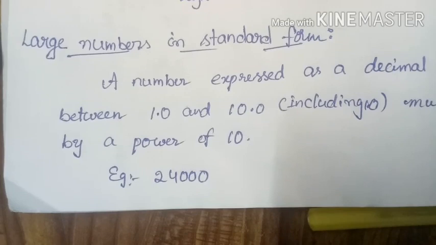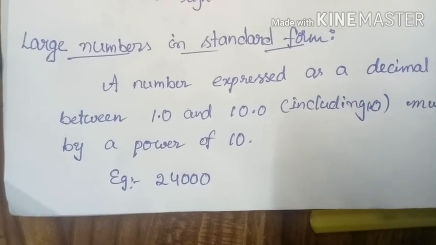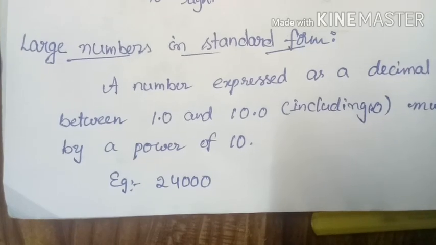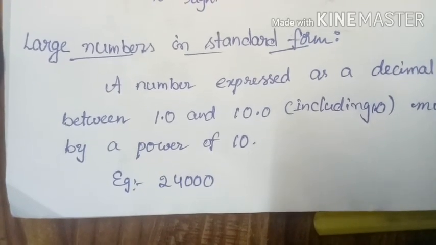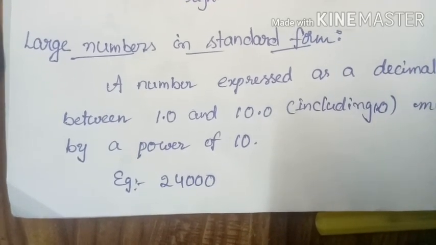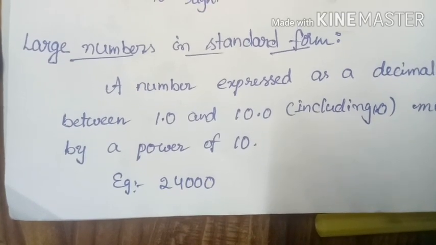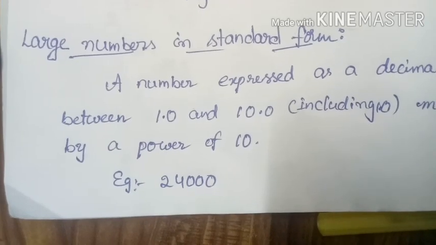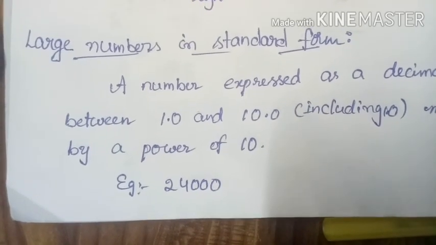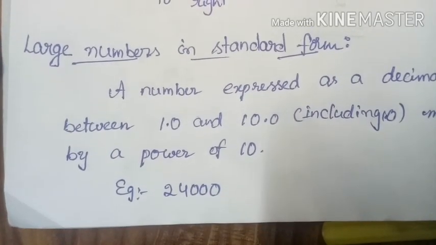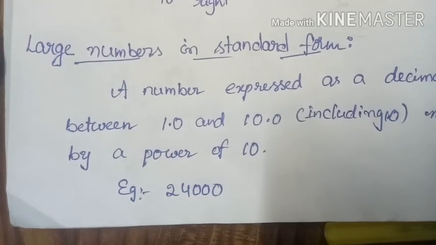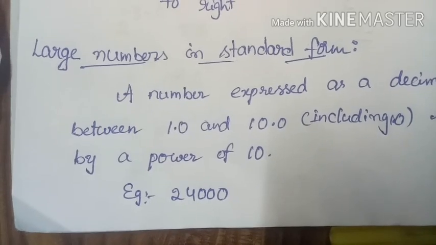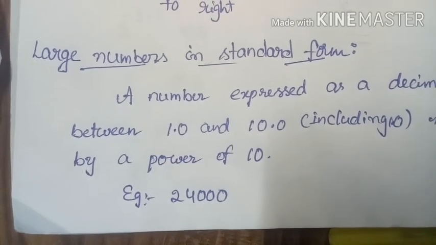This is not a standard form, because whenever you want to write in standard form, you have to write the number as a decimal that lies between 1 and 10. So this is far greater than 10. So we will write it between 1 and 10. So how will we write? Just see.